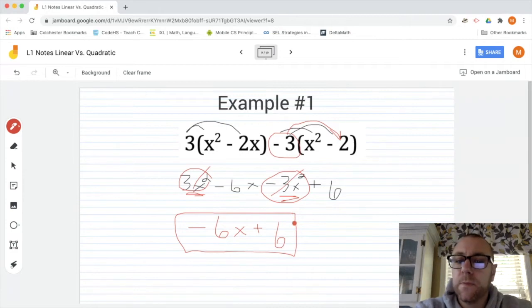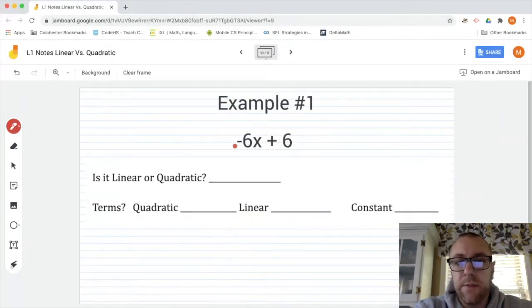So now what I do with that is I look at classifying it. So if I have -6x plus 6, is it linear or is it quadratic? Well, there are no x squareds here, so it is linear.